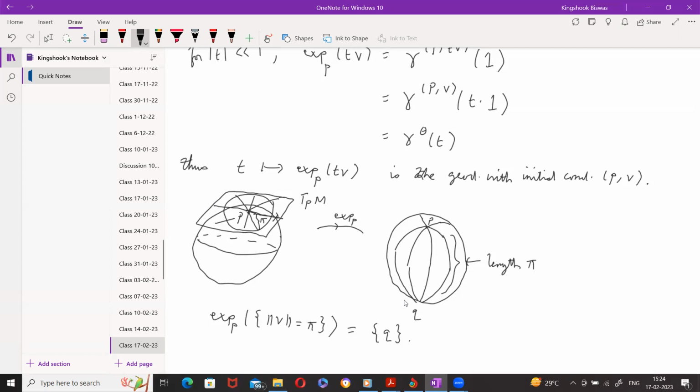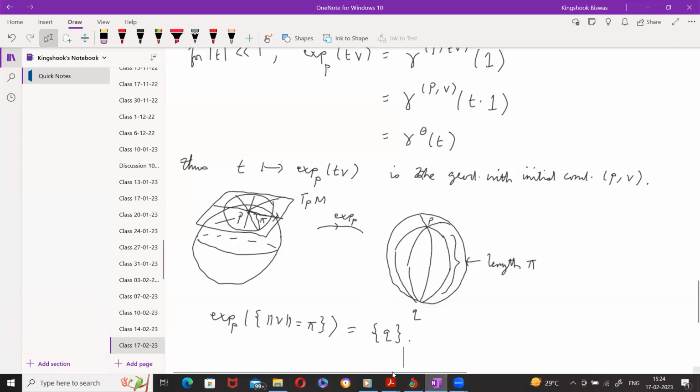Yes. Yeah, it's clear. Okay. So this is a picture of the exponential map. Okay, so it maps straight lines in the tangent space to geodesics passing, straight lines passing through the origin, not other straight lines, just straight lines passing through the origin. Those will map to geodesics passing through P. Okay.